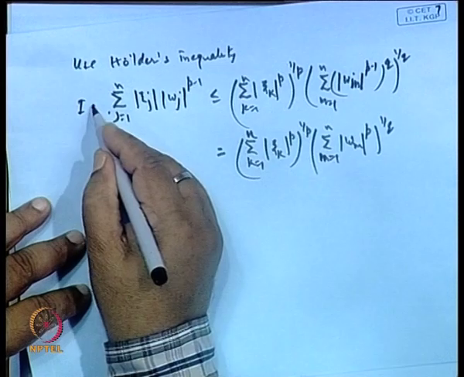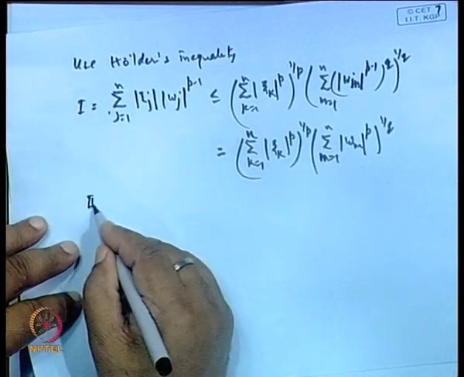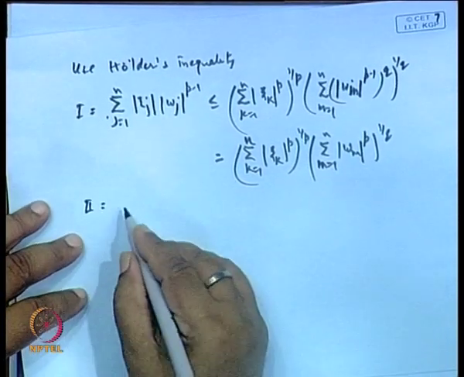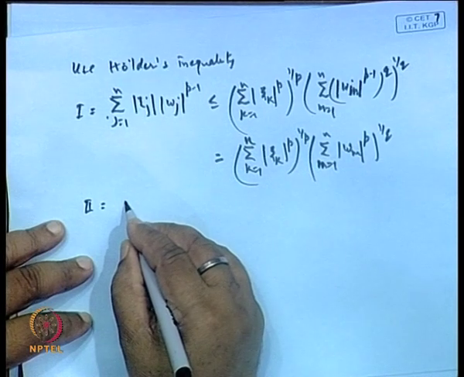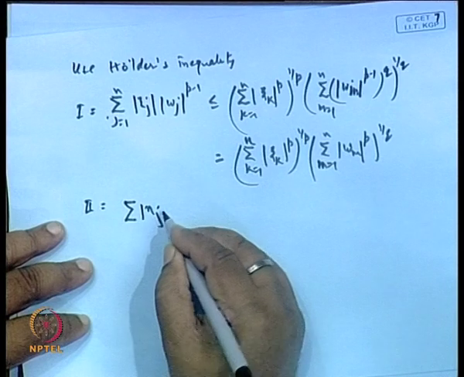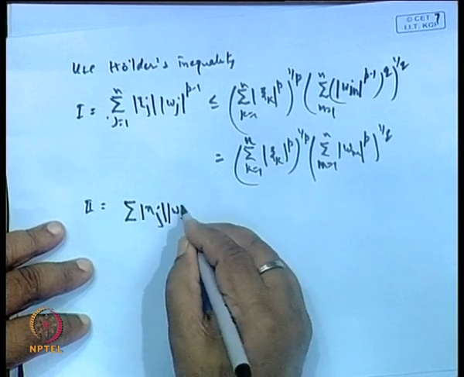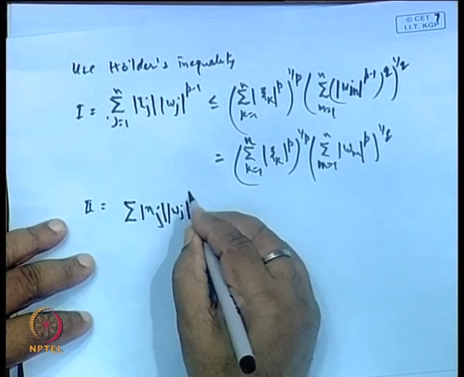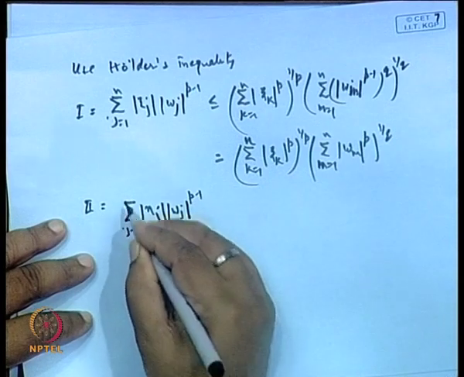Now, the second part. In a similar way, for the second we can use the sum of mod eta_j times mod w_j power p minus 1, j is 1 to n.